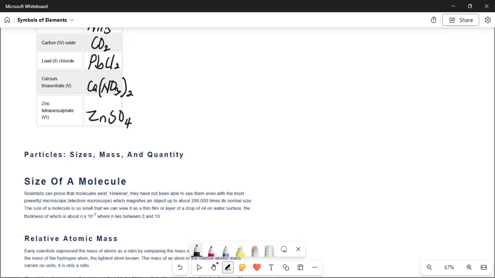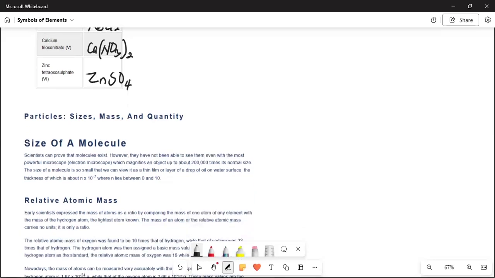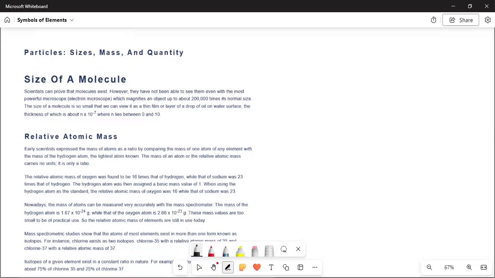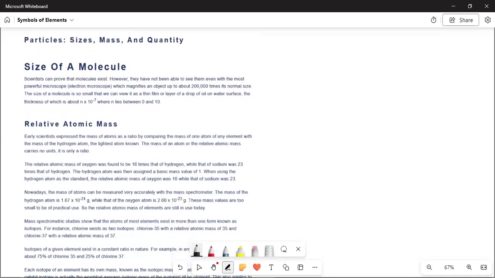So something that is so small cannot be seen with the naked eye and also cannot be seen with the electron microscope. However, we believe that they exist because we can feel their impact in chemical reactions and other occurrences in nature.